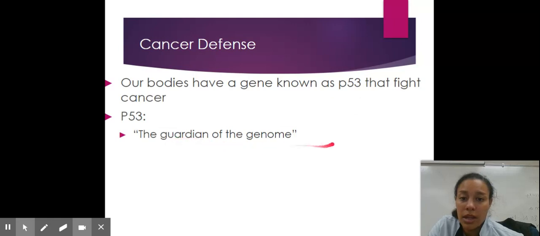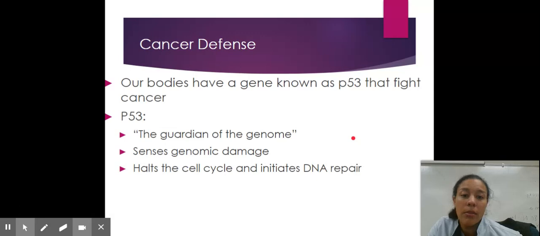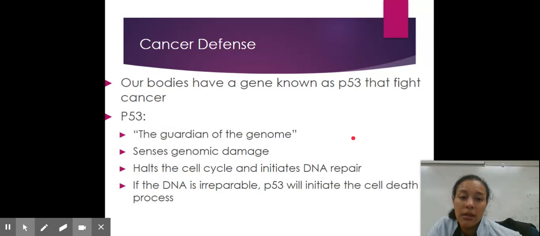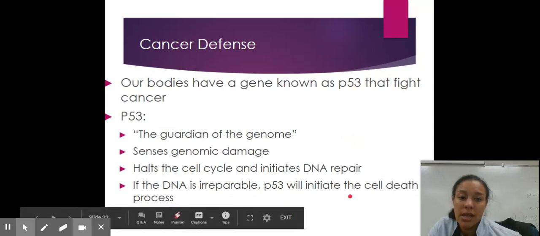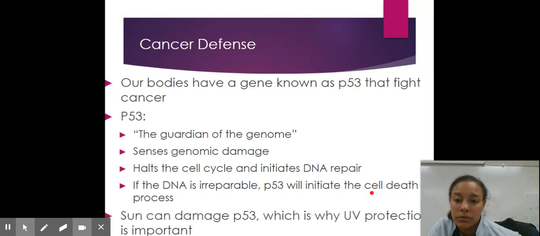They're called the guardian of the genome because they're actively functioning, and they realize that there's something wrong with our genetic material, and they can go through and fix it and repair it, or get some protein factors to repair it. And if not, the P53 gene initiates cell death, which is also known as apoptosis, if it can't be repaired at all.